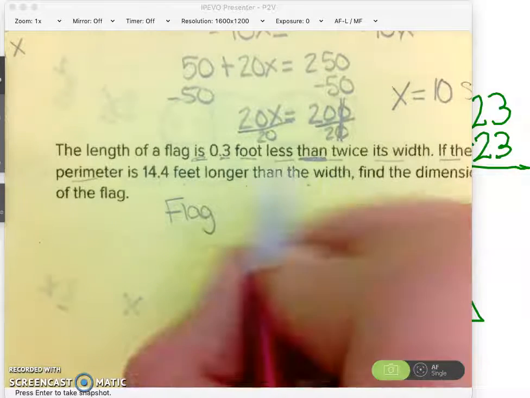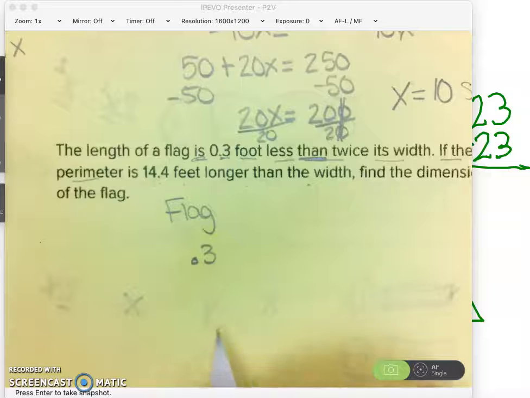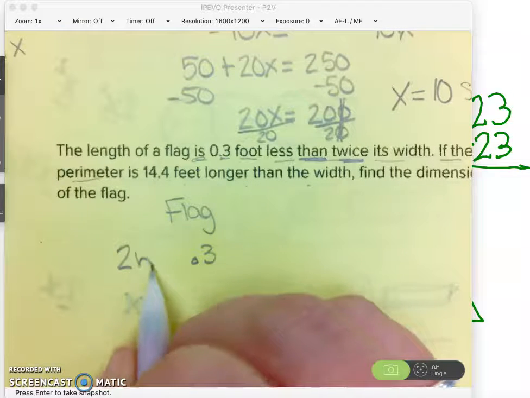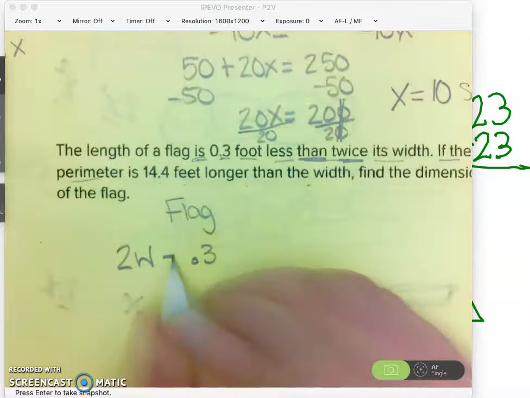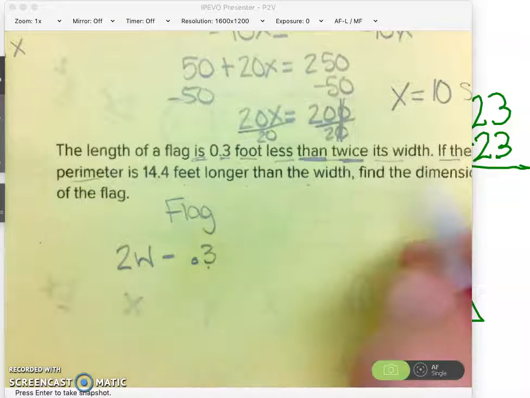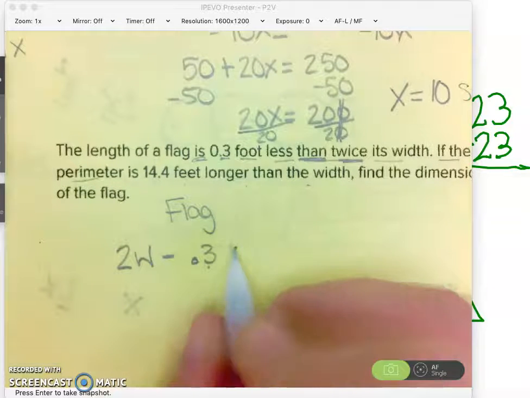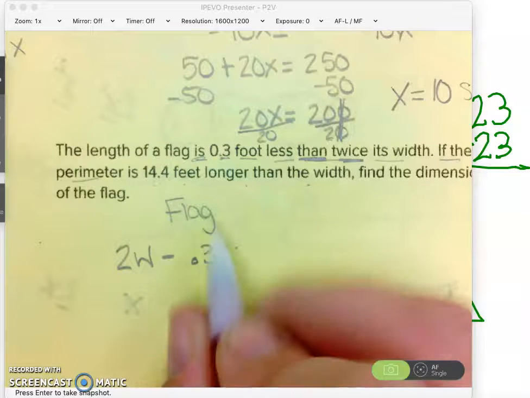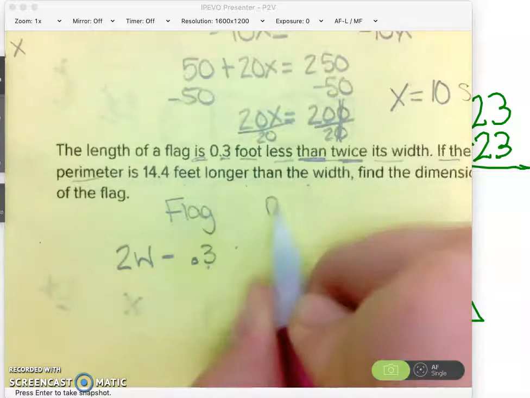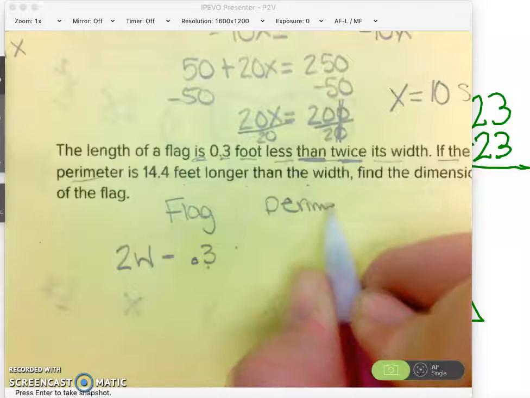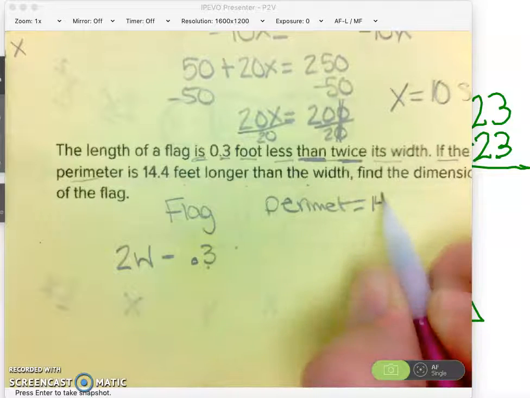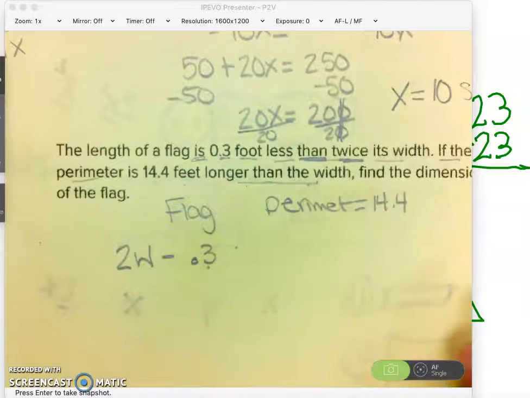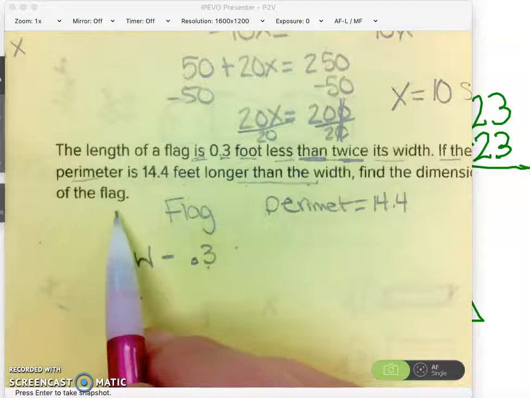So 0.3 less than twice, 2 times its width. So I'm going to be less than, right? And if the perimeter is 14.4, so perimeter equals 14.4. So feet longer than the width, right? Find the dimensions of the flag.